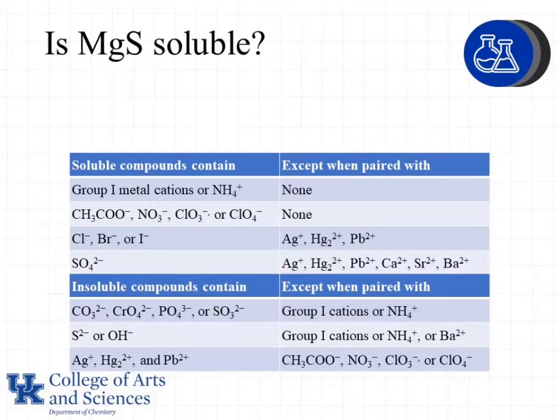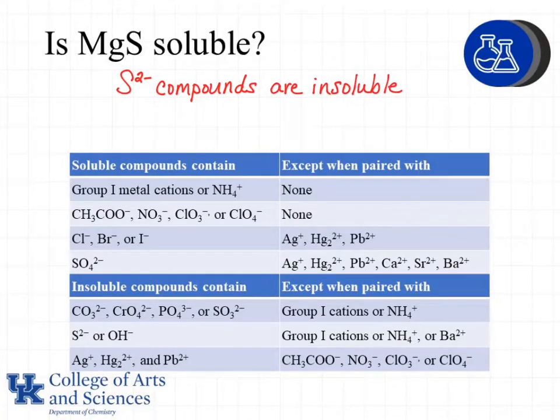Is MgS soluble? Note that S2- compounds are generally insoluble, and the exceptions are for group 1 cations or ammonium or barium. Because it's paired with magnesium, it is not included in the exception, and so we see that sulfides, in this case MgS or magnesium sulfide, will be considered insoluble.